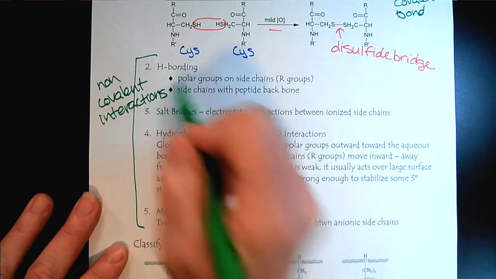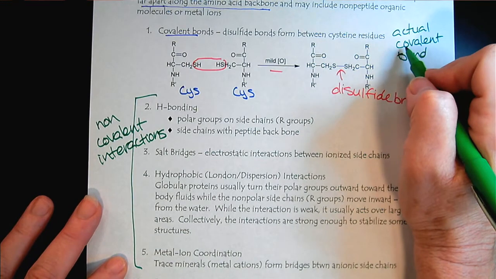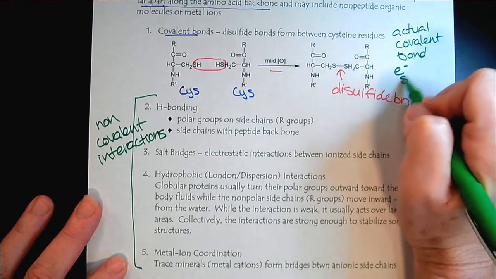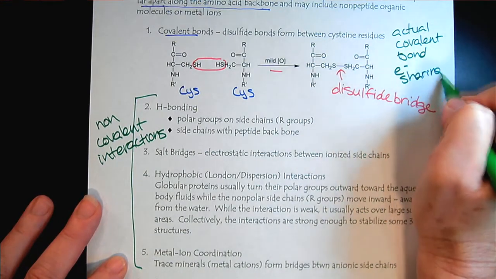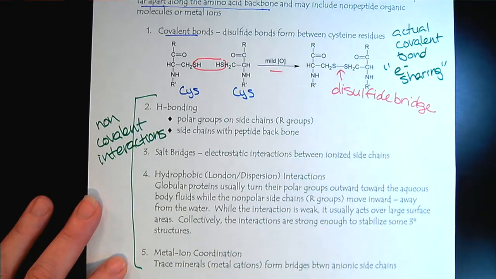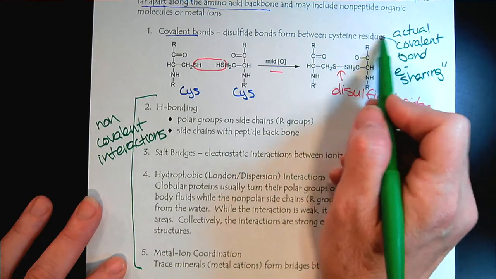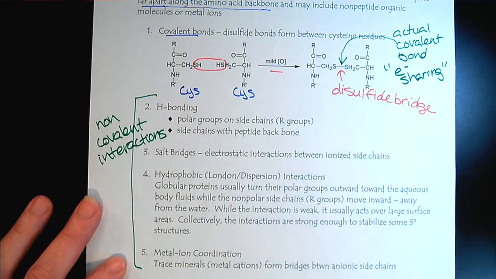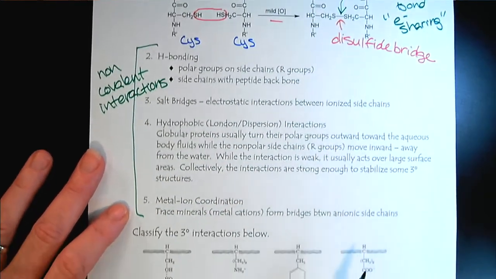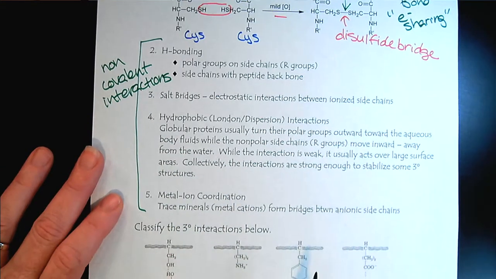Remembering that when a covalent bond forms, there's actual electron sharing. So linking back to what we learned earlier in the semester, there is a covalent bond right there, the disulfide bridge. For these other interactions, there's no covalent bond.